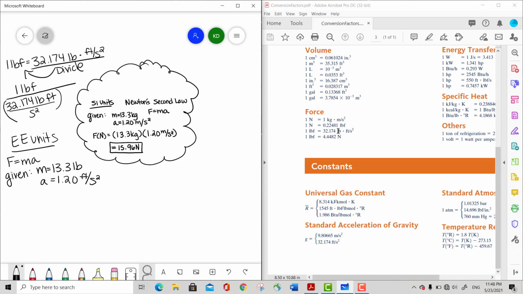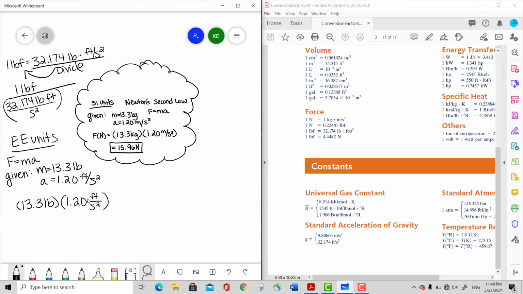We're not converting meters to feet or anything like that, but we are needing to incorporate this 32.174 conversion factor into here. So let's do our mass, 13.3 pounds, times our acceleration, 1.20 feet over second squared.